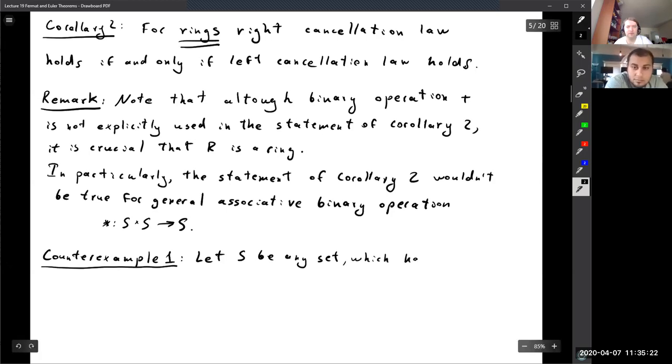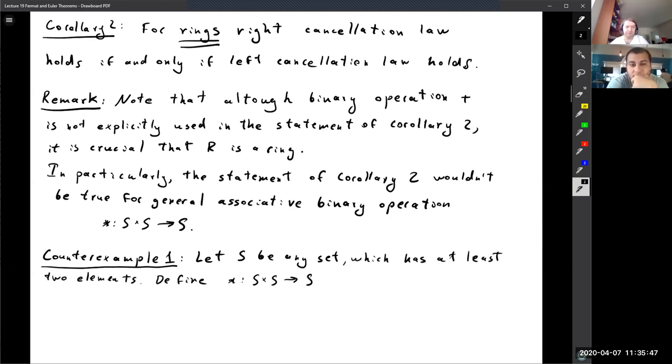Let S be a set which has at least 2 elements. Then define the following binary operation from S cross S to itself as follows.